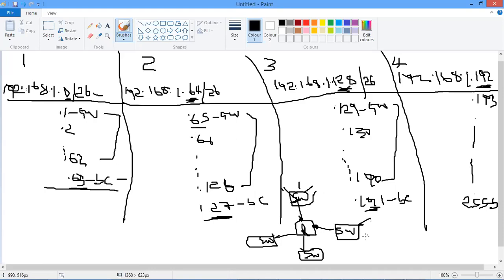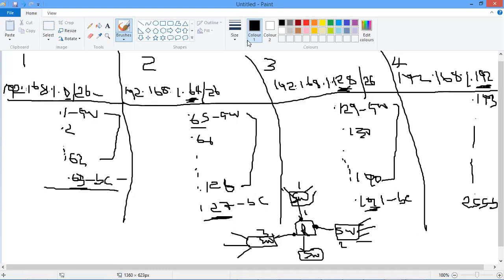So I can start giving 66, 67, 68 to other users. Here, network 3, this is network 1, network 2, network 3, the gateway I can give it 129. So 130, 131, the rest. The same goes for other ones. So this is the way we subnet.